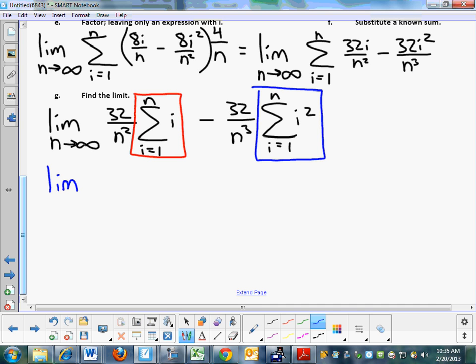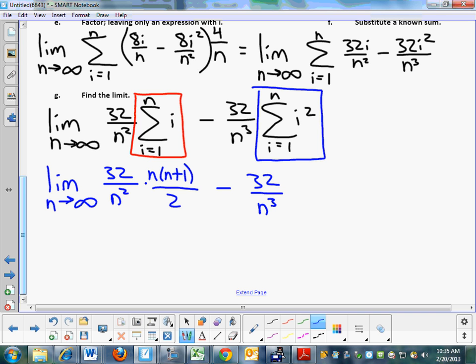All right, here we go. Limit as n goes to infinity of 32 over n squared times, what do I substitute there? Good. Minus 32 over n to the third times, what do I put in there?